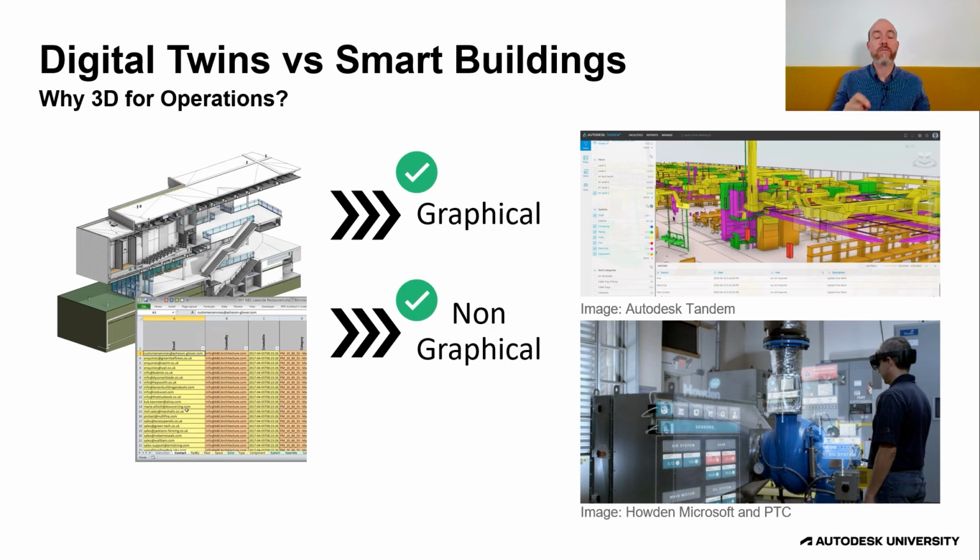The other thing that's really cool, if you want to see a great vision of this: Howden, Microsoft, and PTC. If you Google that and look at this video online, it's a great little vision of how we could potentially use a digital twin in the future, which is by putting on a Microsoft HoloLens 2. The unit itself will look at the 3D model and look at the environment that you're around and match the two up.